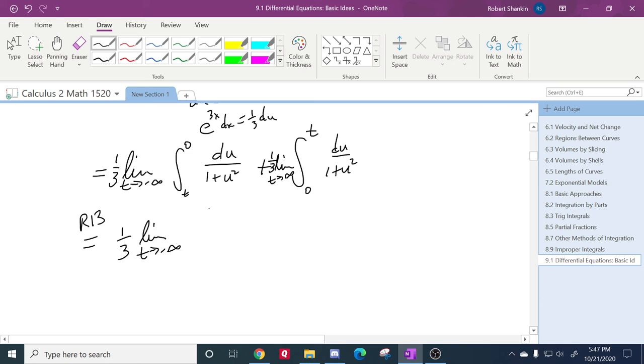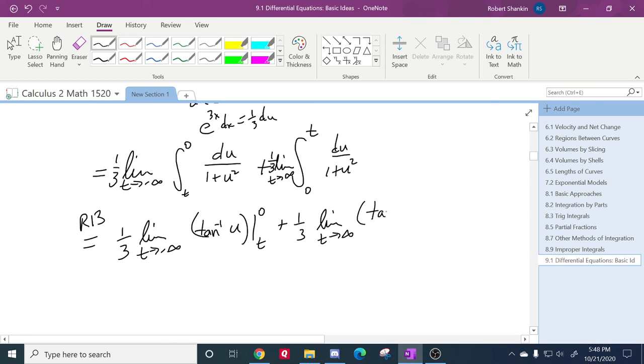And when I do this, rule 13, so the a is 1 and the x is u, and so this becomes 1 over a, which is 1 over 1, times the inverse tangent of x, which is u, over a, which is 1, and it's evaluated from t to 0, plus 1/3 limit as t approaches infinity, and we do the same thing.